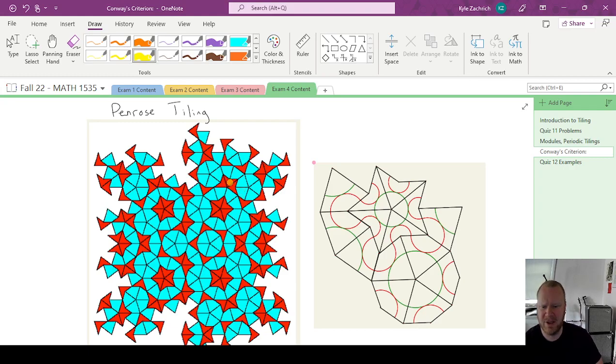But let's say I suspect that there's some kind of repeating pattern on here. So I want to take this star, and let's say it's pointing in this direction. I'm going to move it down here. It's going to look like that same star over here.